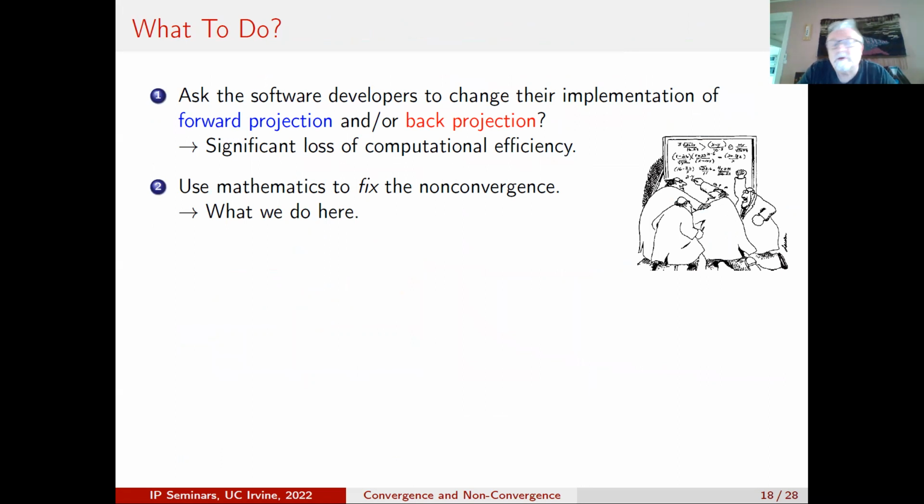Well, you could go to the software developers and invite them over for a cup of coffee, and you could say, hey guys, couldn't you do your implementations such that we have matched projector pairs? That would be very nice. And then they will say, no way, because then they will lose the computational efficiency.